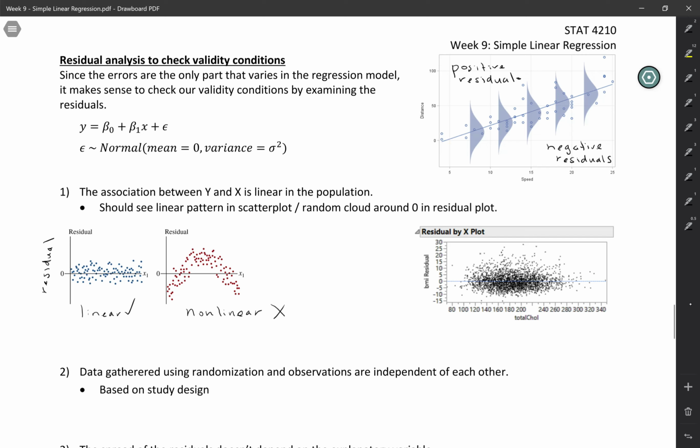And then you've also got these negative residuals on the edges, so the points are below the line and the model is systematically overestimating. We don't want to see non-linear relationships like that. When I look at this residual by x plot for the BMI data, I don't see anything like that.